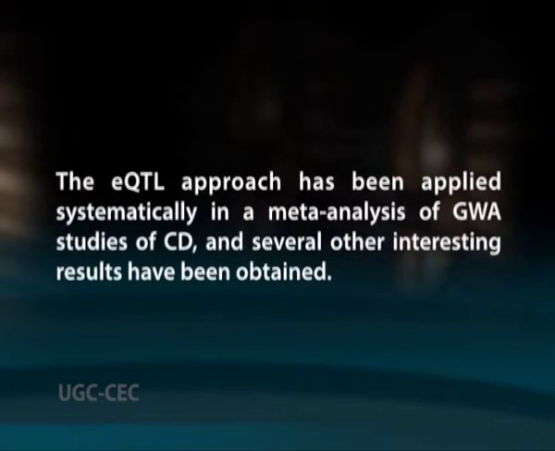Subsequently, the eQTL approach has been applied systematically in a meta-analysis of GWA studies of CD, and several other interesting results have been obtained. For example, eQTL were used to address an outstanding question in CD genetics related to the identification of the CD susceptibility gene or genes in the cytokine cluster at 5q31, where SNPs have an established association with disease.